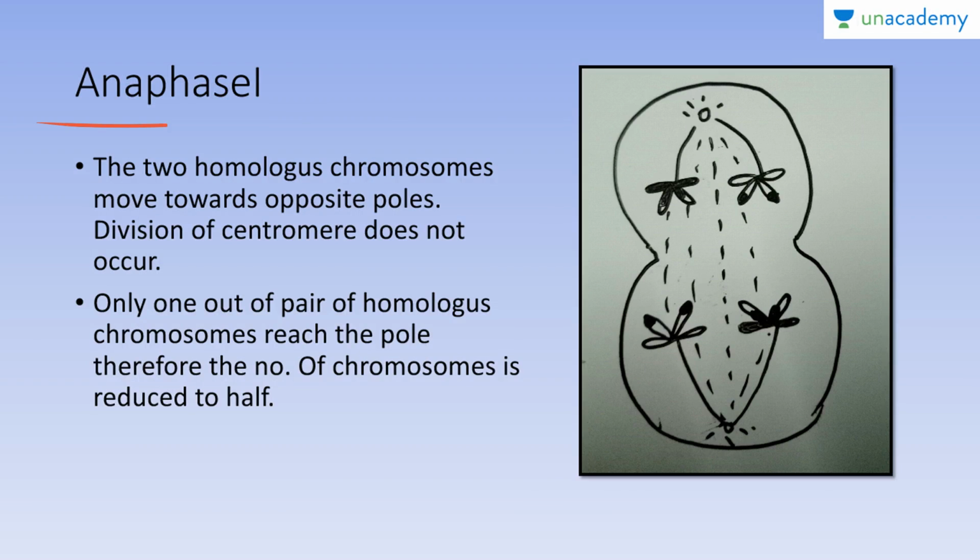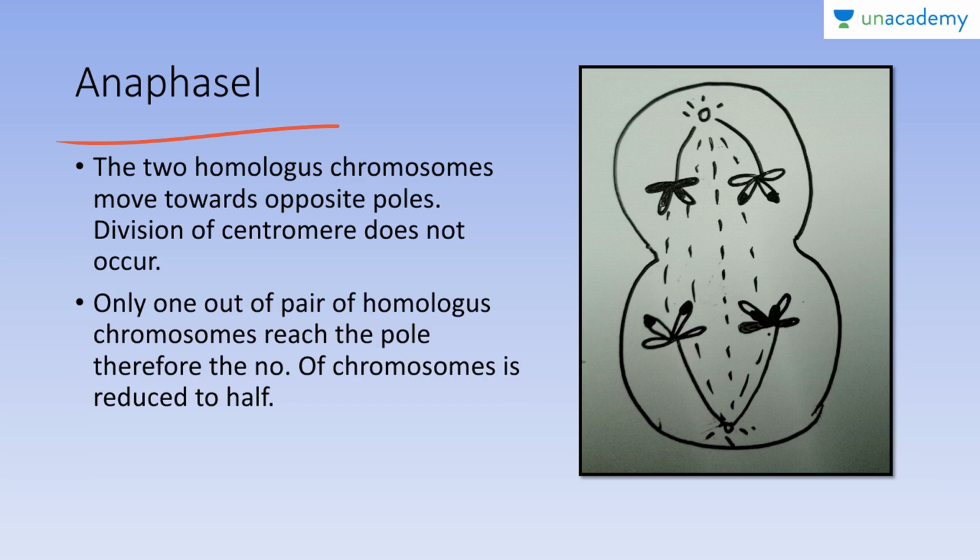Now the Anaphase 1 is characterized by the two homologous chromosomes moving towards the opposite pole because the spindle fibers are decreasing or reducing in length. Now there is a very important point. You saw there is one centromere over here and another is over here, but you have seen that no splitting of centromere has occurred in Anaphase 1 as it occurred in case of Anaphase in mitosis.